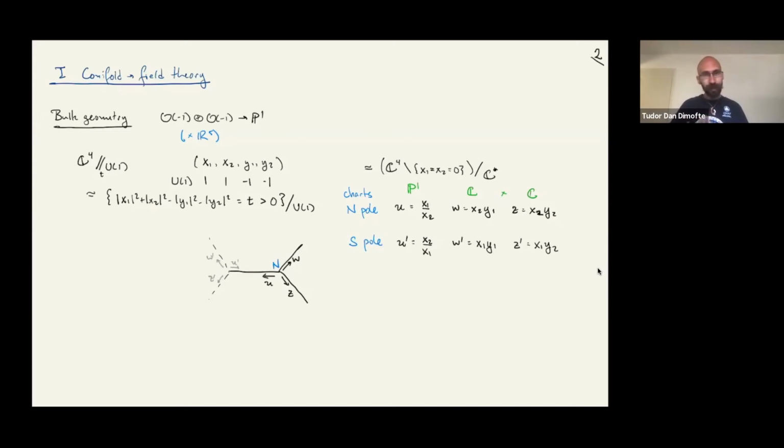And the story I'm going to develop all happens in a neighborhood of the north pole of this P^1, where locally we can just think of this as C^3. So there's a U direction, the direction very close to the North Pole along the CP^1, and then there are fiber directions W and Z.